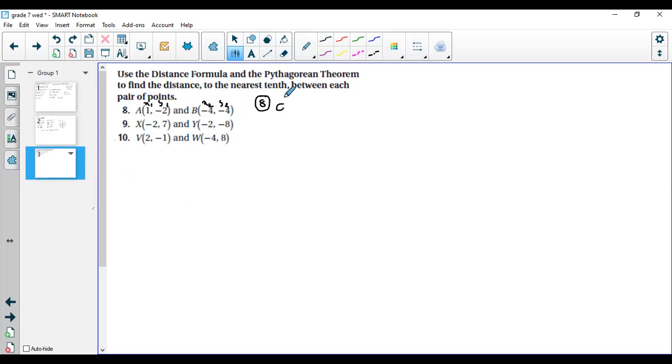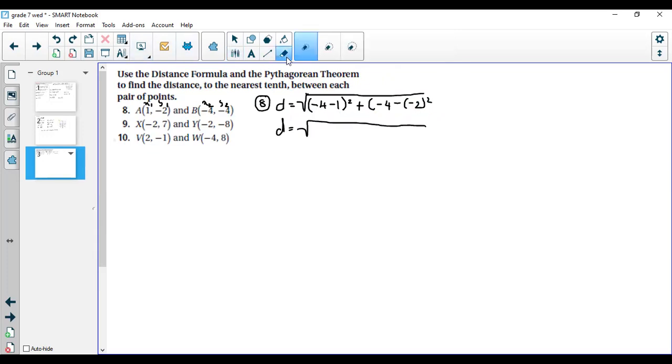So D, that is the distance, is going to be the whole root of x2 minus x1 whole square plus y2 minus y1 whole square. So this is going to be equal to, oops, that's a very bad line.